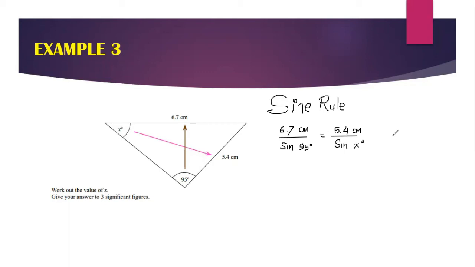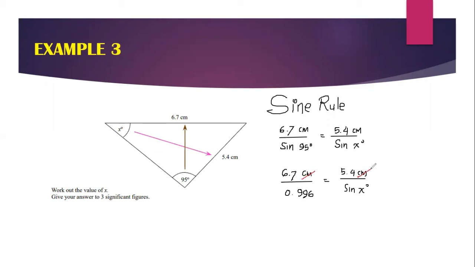Next, can you help me to find sine 95? 6.7 centimeter over sine 95, what is sine 95? 0.996, right? Equals 5.4 centimeter over sine x degree.